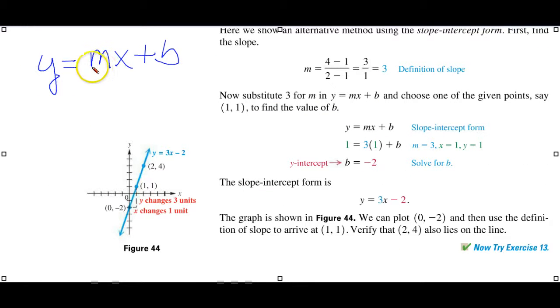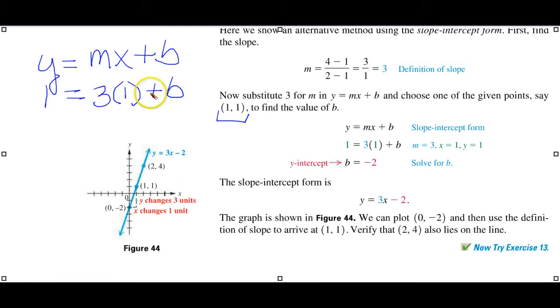Now that we know what our slope is, we can put the 3 there, and we're going to take 1 point of the 2 points we used, and our x value is a 1, our y value is a 1, and in this case we're just going to solve for b, which is another method rather than using the point-slope form.